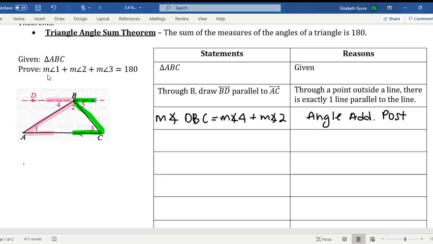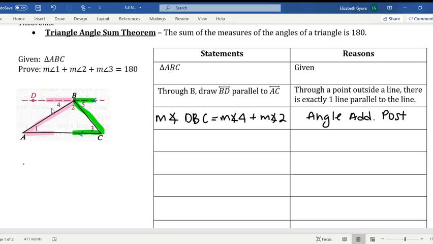So our angle addition postulate, guys, remember there are two parts to it. But it's always adding up two angles. That's why we're not going right to the three angles. Angle addition postulate is always like one angle plus another angle equals a whole angle.